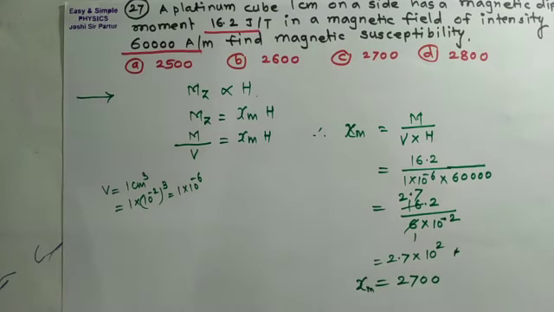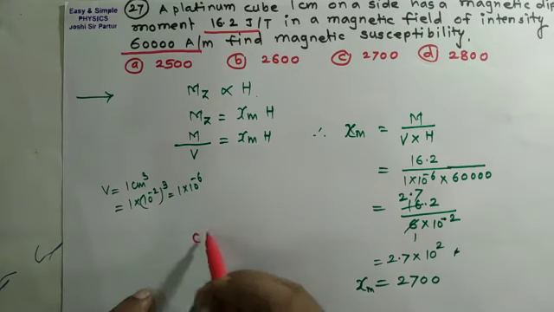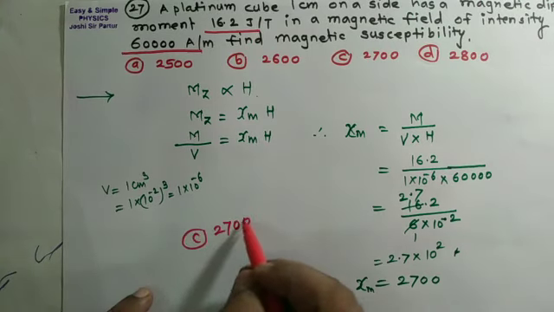That is the magnetic susceptibility. So the answer for the given question is option C, 2700.